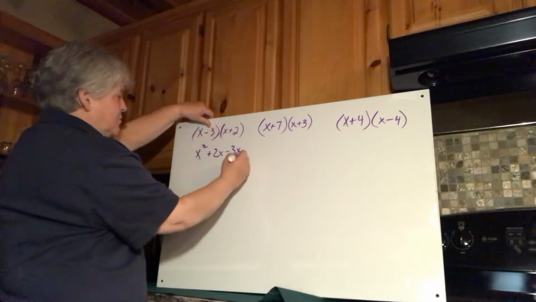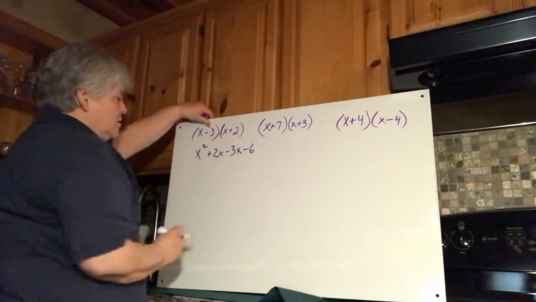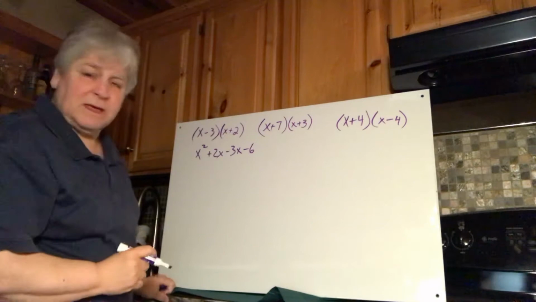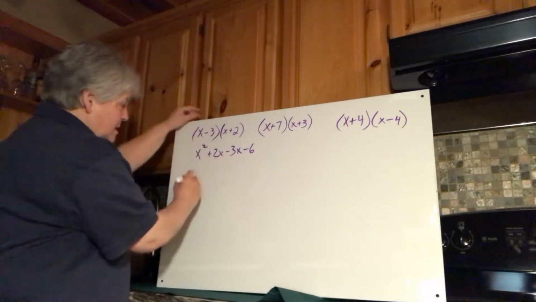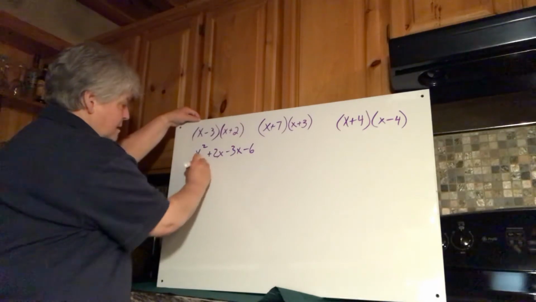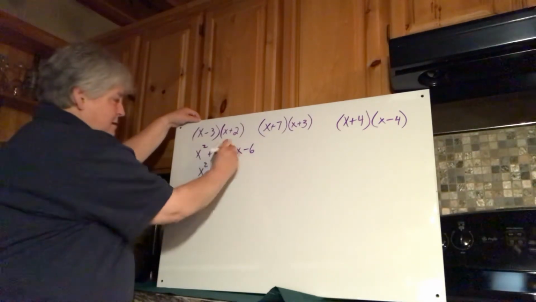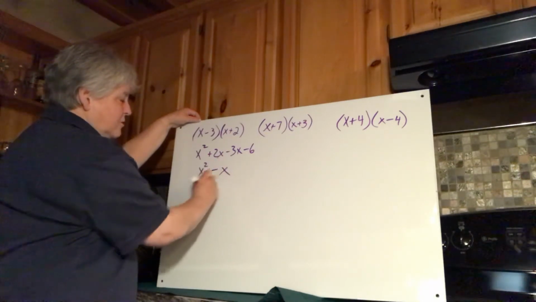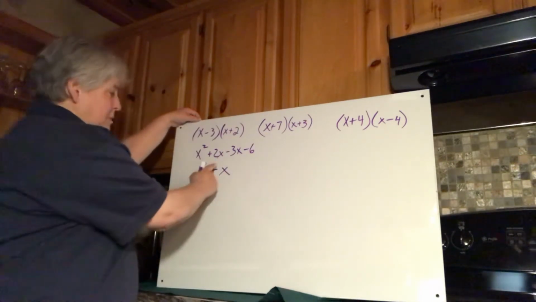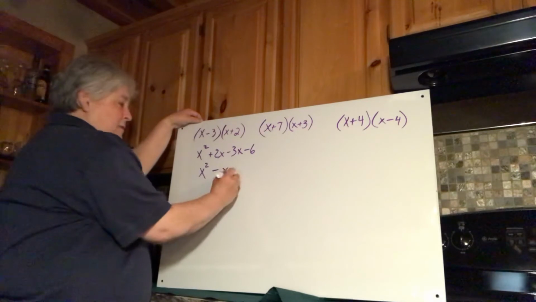Negative 3 times 2 is negative 6. So I initially get 4 terms. When it comes time to combine the 2 like terms in the middle, x squared has nobody to combine with. The 2x minus 3x is negative 1x. I usually write just negative x because there's an implied 1 there. And then minus 6.